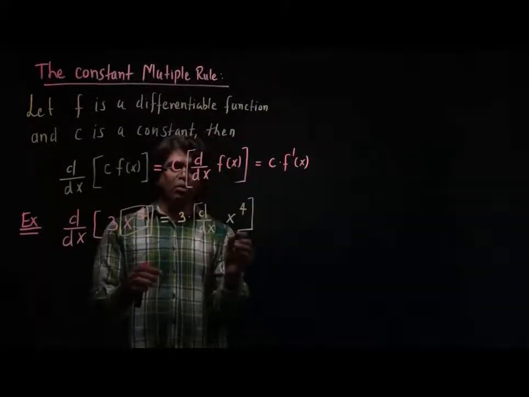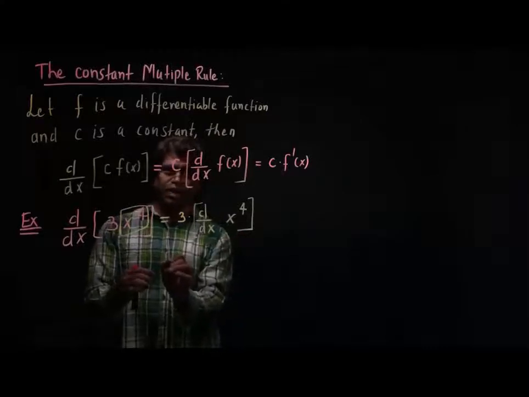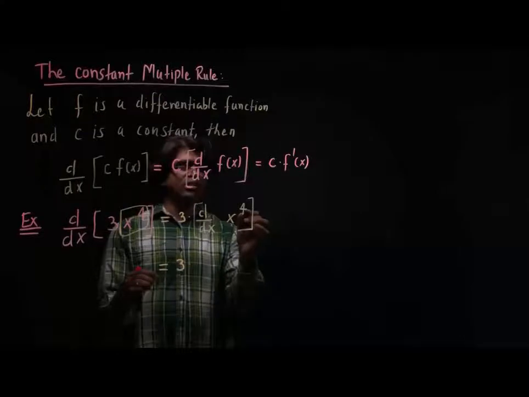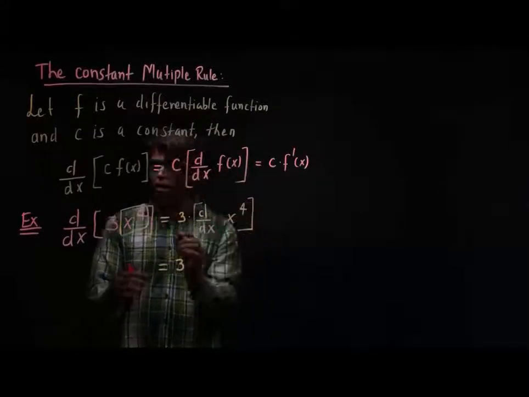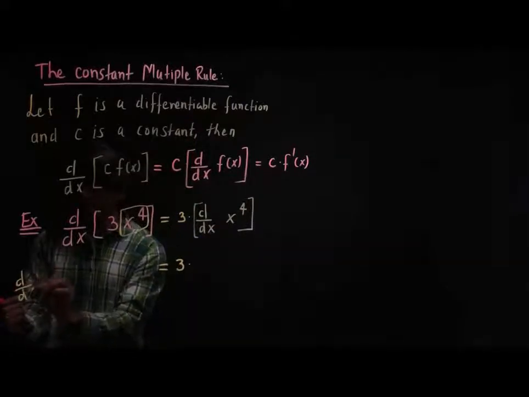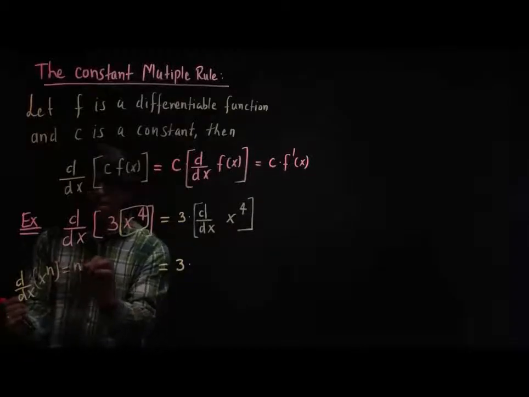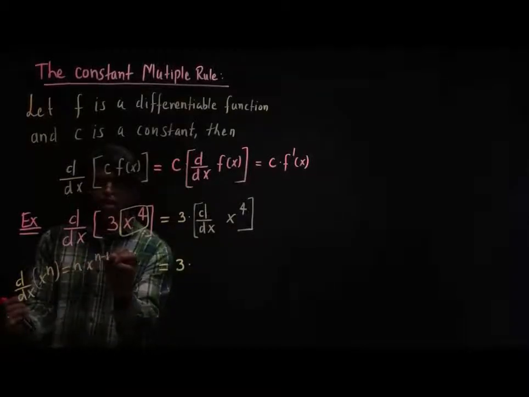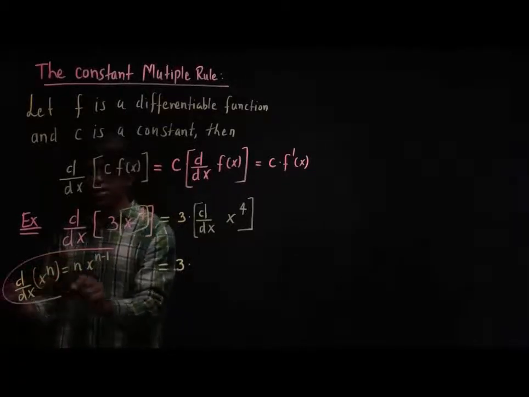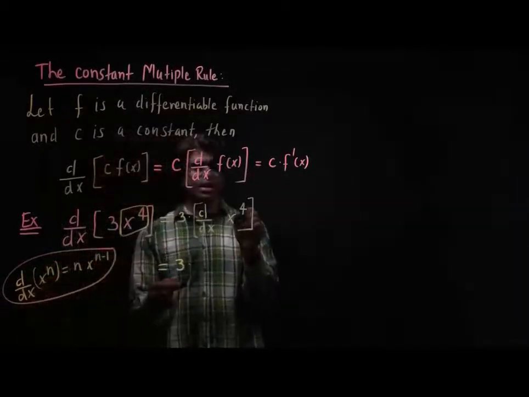Now let's use the power rule to differentiate. So I will write 3 times dy dx of x to the power 4. Let's write the power rule first: dy dx of x to the power n is n x to the power n minus 1. As we can see, my n is 4.